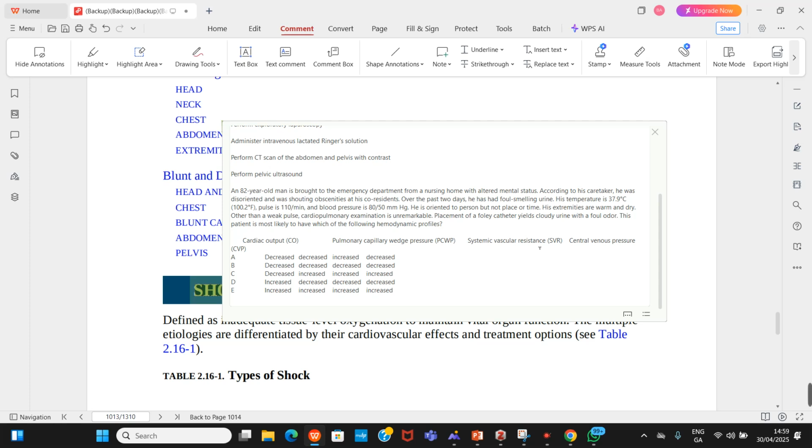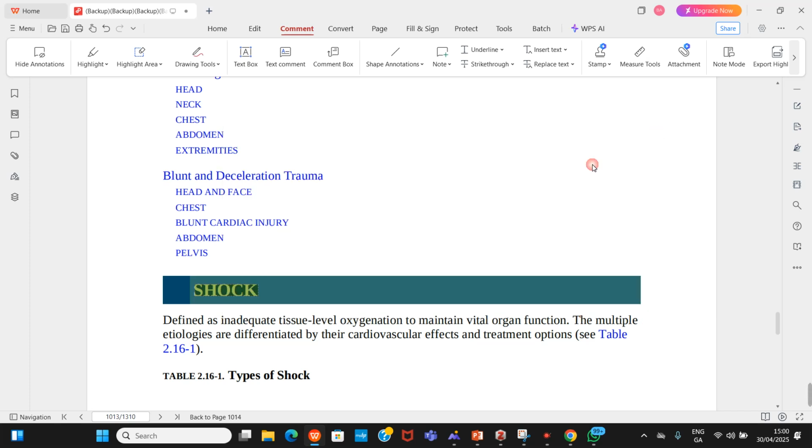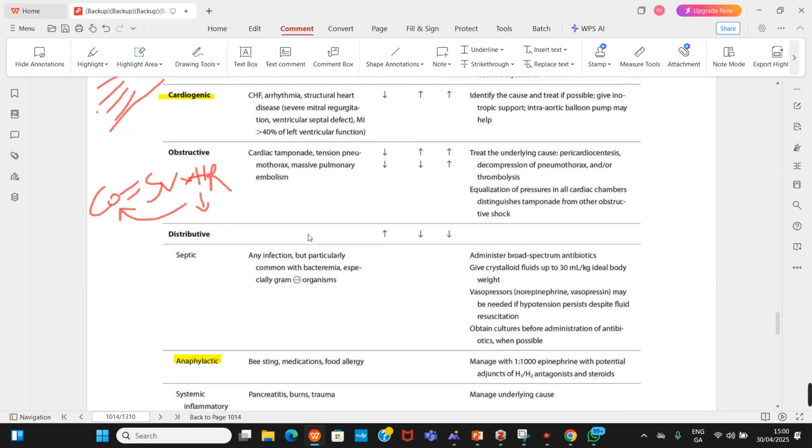Decrease. Low. Decrease because of resistance. What's our diagnosis? Septic shock. So what happens to SVR in septic shock? It goes down. So what about the CVP? Reduced as well. So D. Just look at the question, make your diagnosis of whatever is happening there, and just go and pick. This one is very high yield. It's not something that we should get wrong.